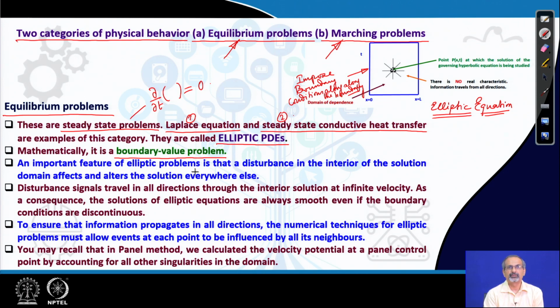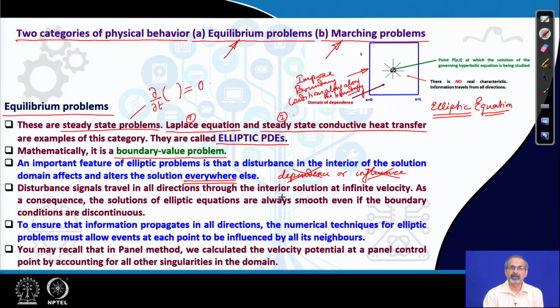An important feature of elliptic problems is that a disturbance in the interior of the solution domain affects and alters the solution everywhere. That means there is no zone which can be identified as that of dependence or influence, as in the case of hyperbolic or parabolic equations.